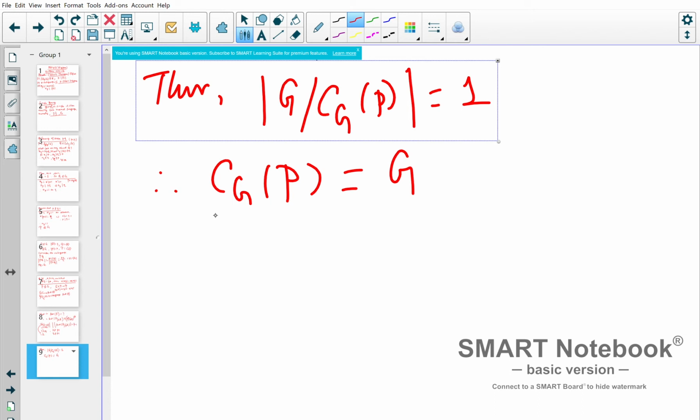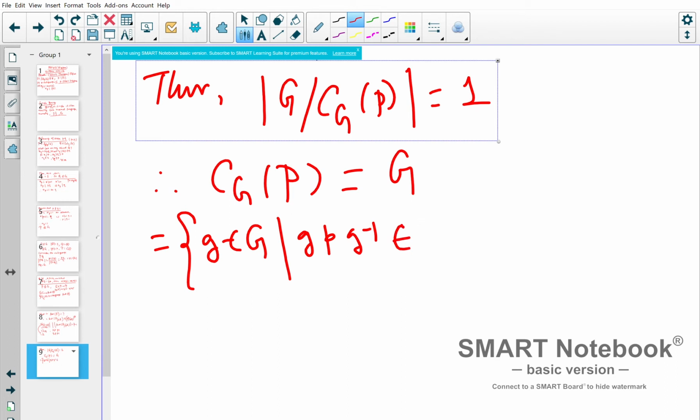That means the centralizer of P in G, so let me write it down properly, is all those g belonging to G such that gpg inverse equals P, right?